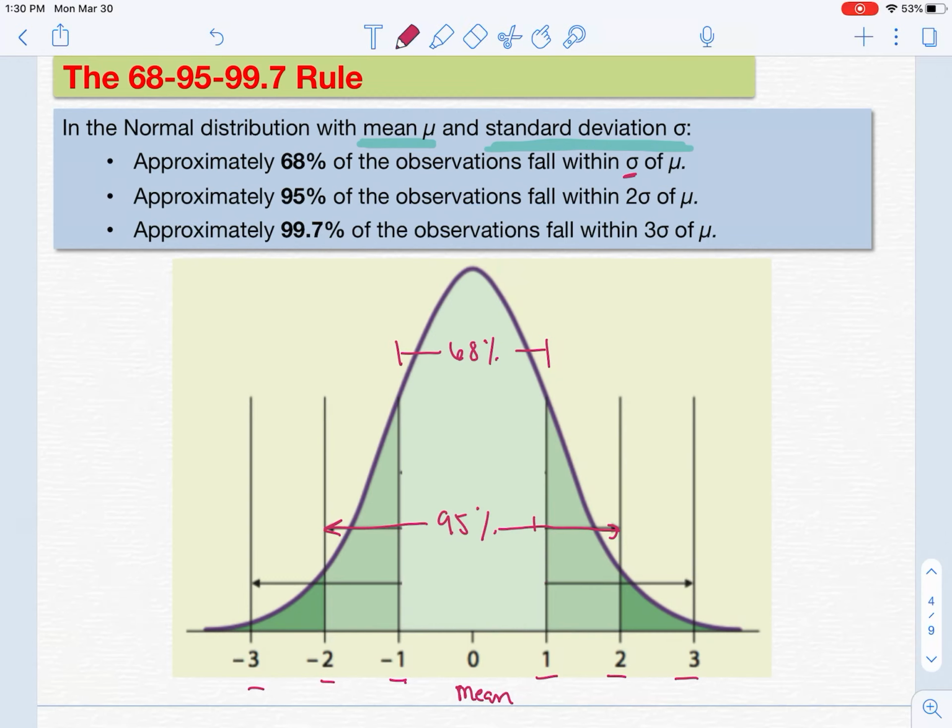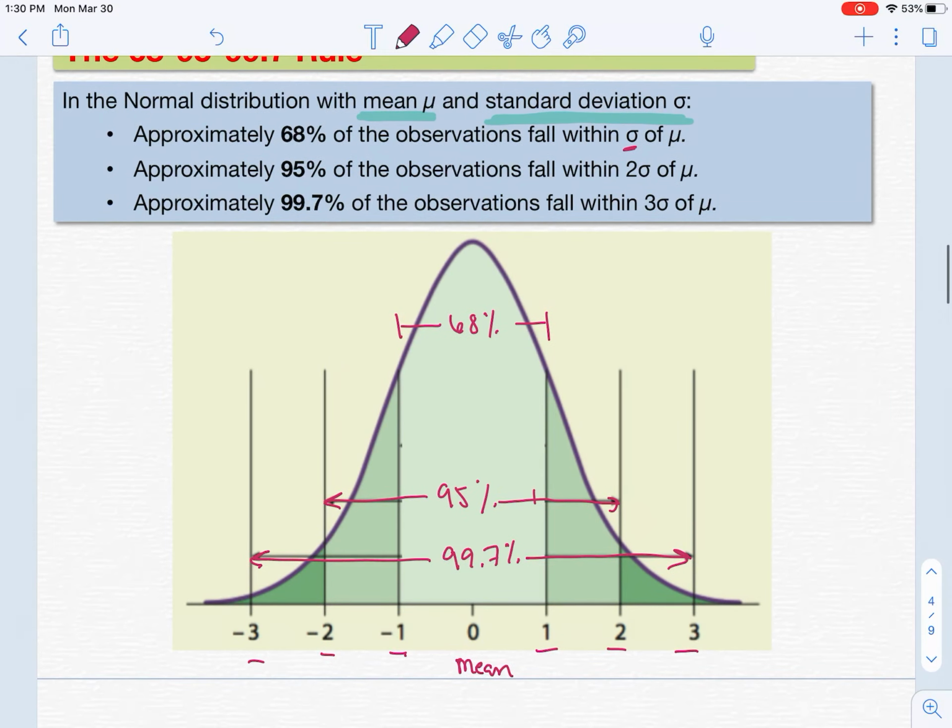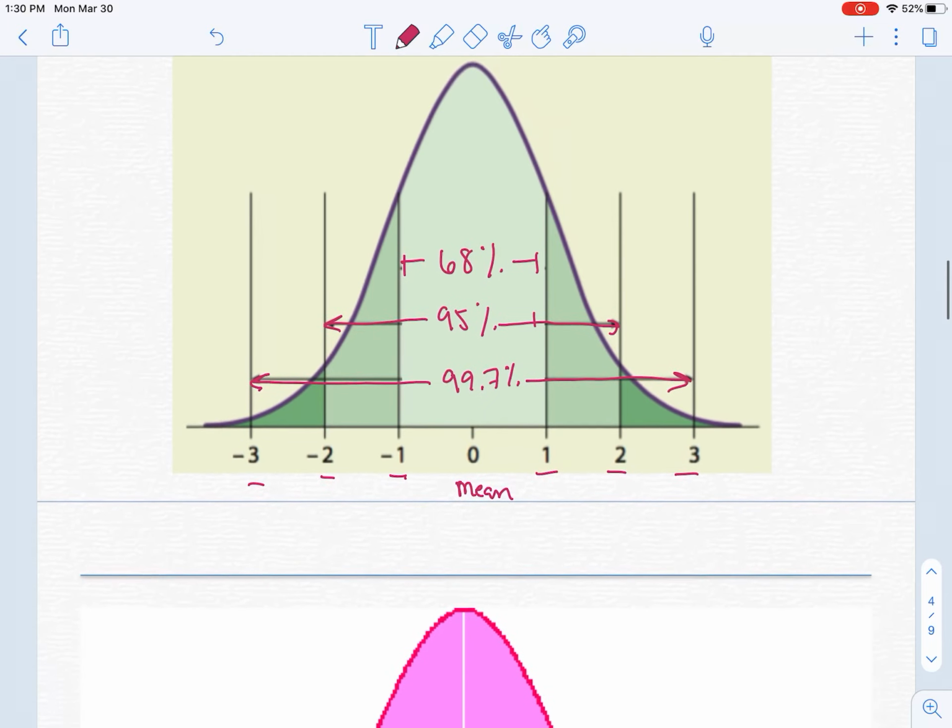And then the third one, 99.7% of all observations are within 3 standard deviations of the mean. So I've got 68% in just that mint green area, 95% in the bigger area, and 99.7% in the whole thing within 3 standard deviations of the mean.